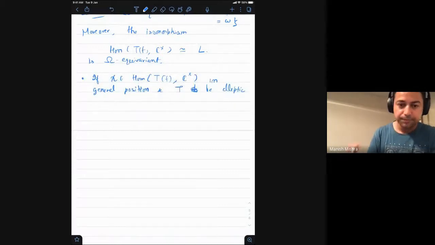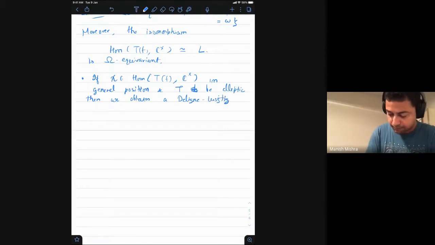So if you are given a character in general position of an elliptic torus, then from Dipendra's lecture you have already learned that we obtain a Deligne-Lusztig cuspidal representation pi_{T,chi} of G^F.